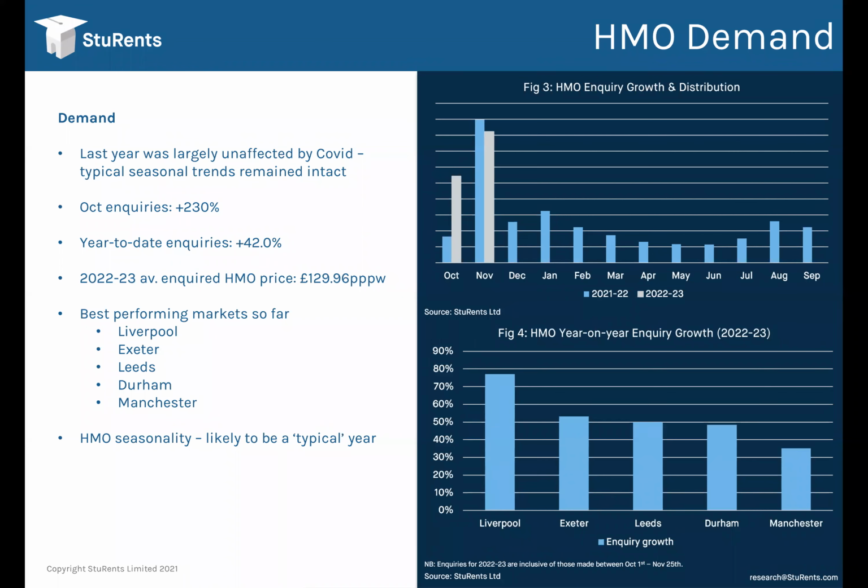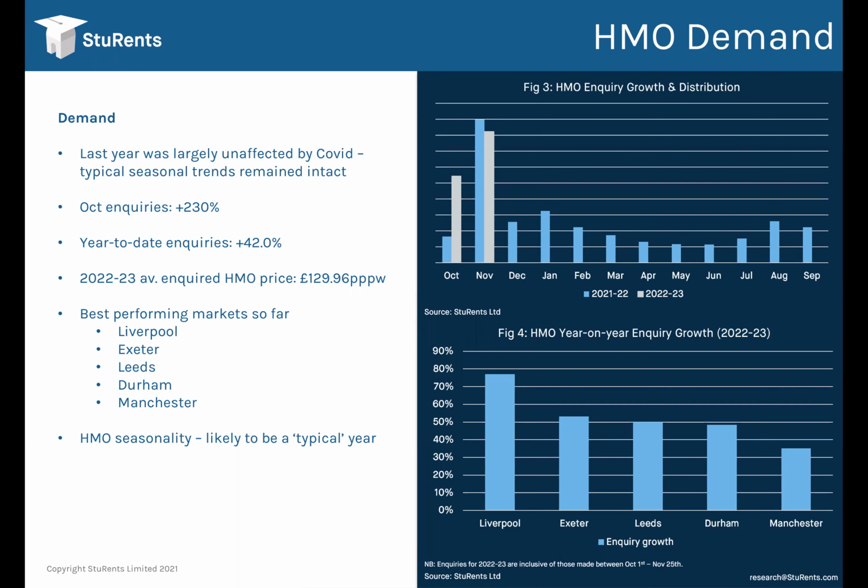In terms of underlying demand for the HMO markets, that's highlighted again in figure 3. And what we can see for the 2022 season is demand for HMOs has been very, very strong. In October, we saw a 230% increase in inquiries for HMO accommodation on the platform. And that's a combination of factors. That could somewhat be an overhang of last year, but equally, it's our belief that that's driven by strong domestic demand.